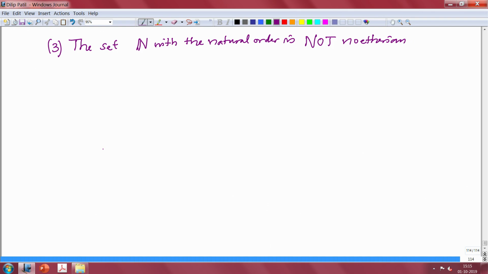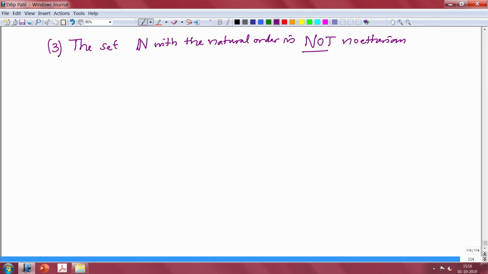Because for example, the set n itself has no maximal element, or the subset of even natural numbers does not have a maximal element, therefore it is not Noetherian. So, we have both kinds of sets, Noetherian as well as non-Noetherian.